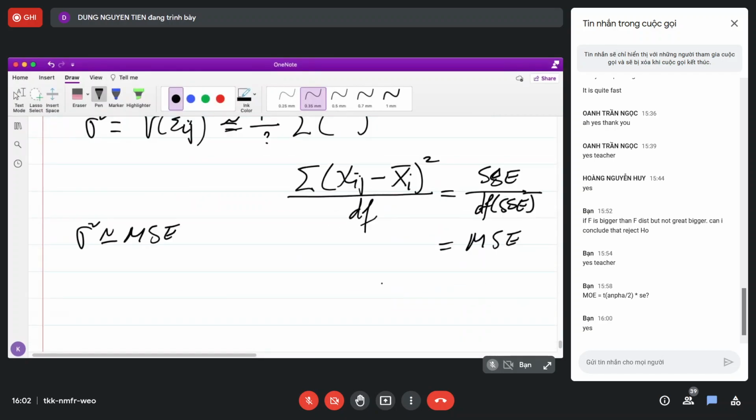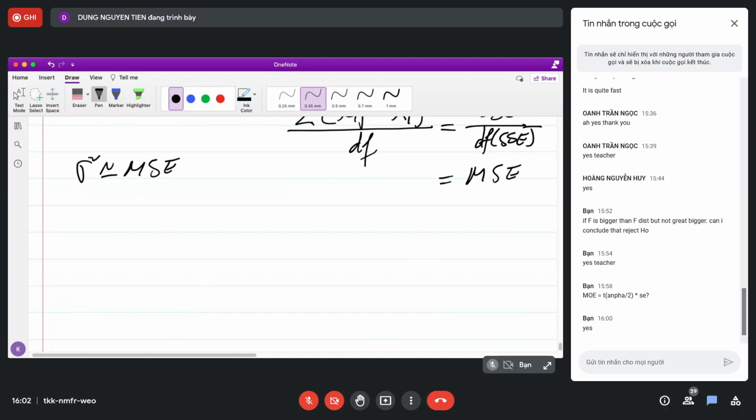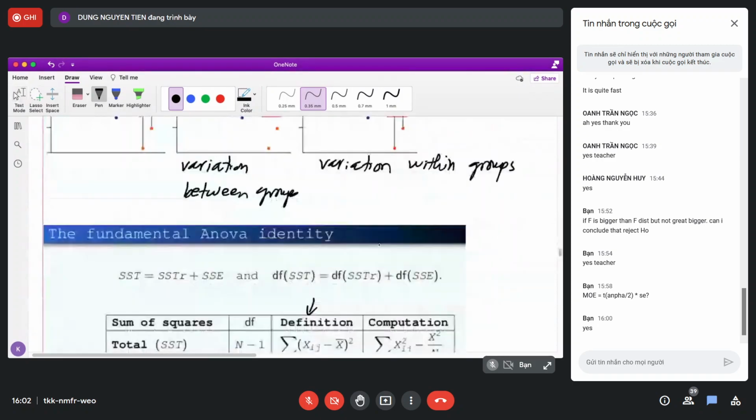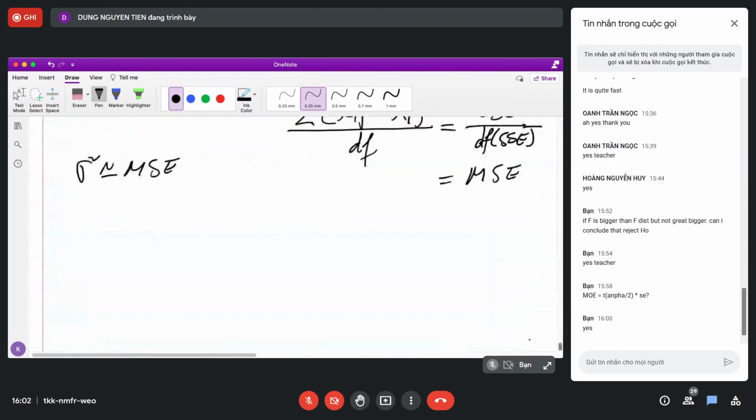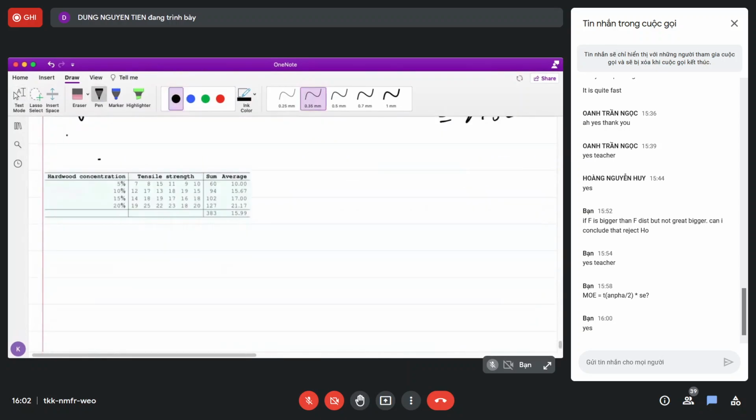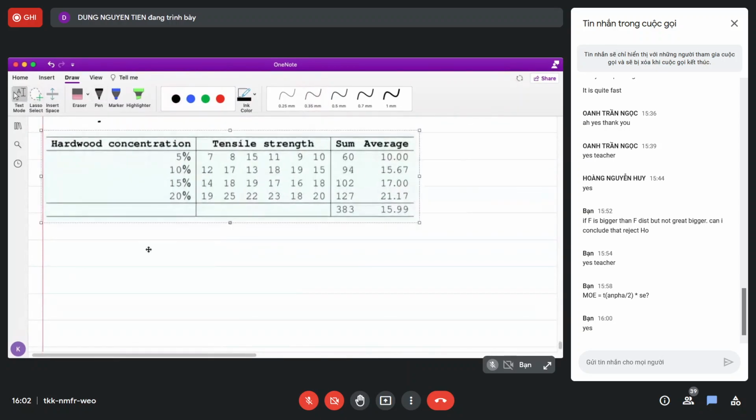Okay, now, if we have a look at this data set, then the mean value mu i equals the average value 10 plus or minus the t distribution value times the standard error.